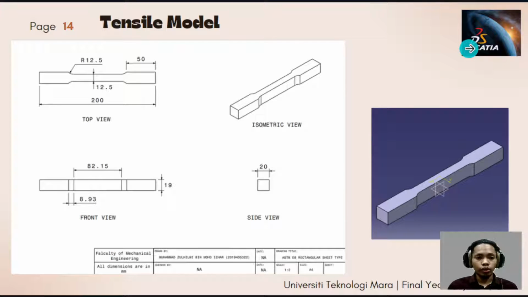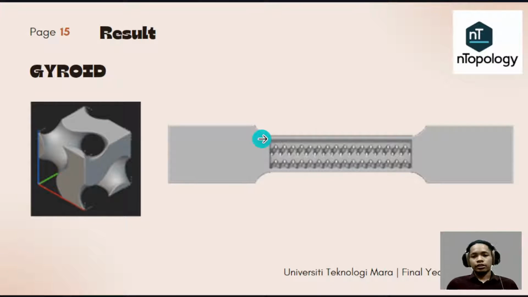While using this CATIA, I have prepared this 3D design, which has a length of 200mm. 82.15 is my designing space for lattice structure to be used in this area. Next, for the result, I have done 3 designs, which are gyroid, swarth, and diamond.